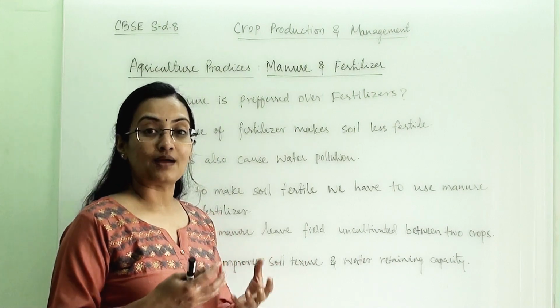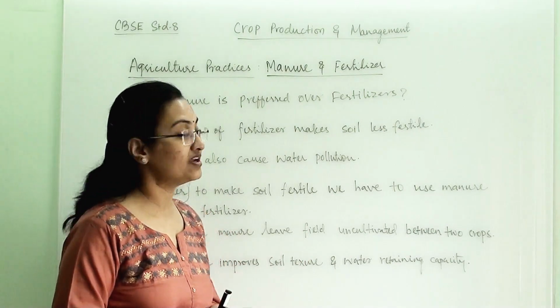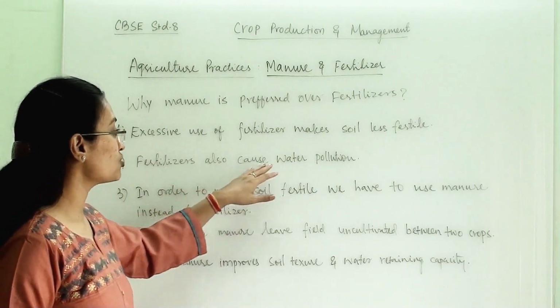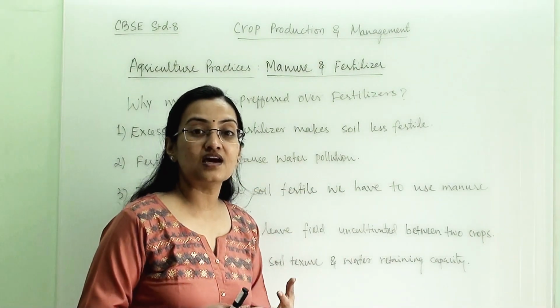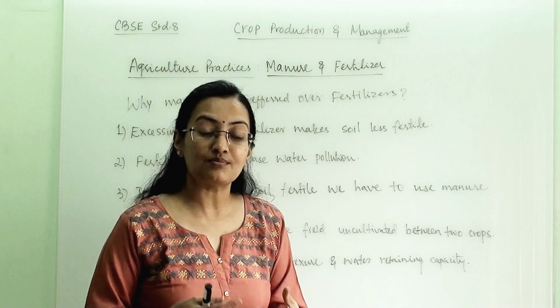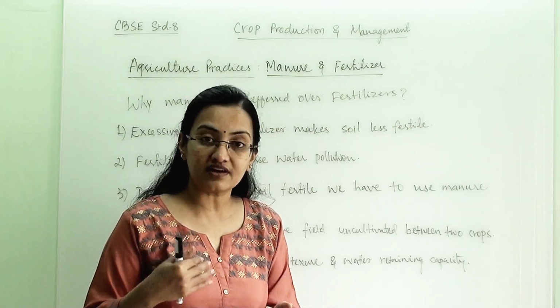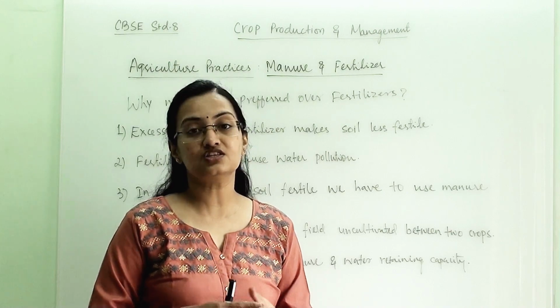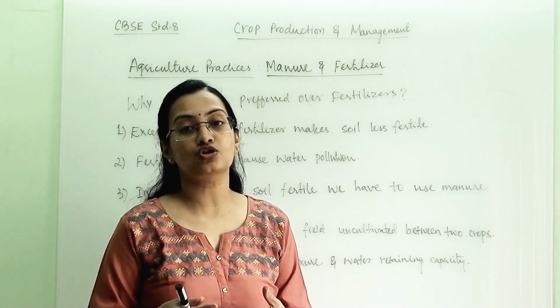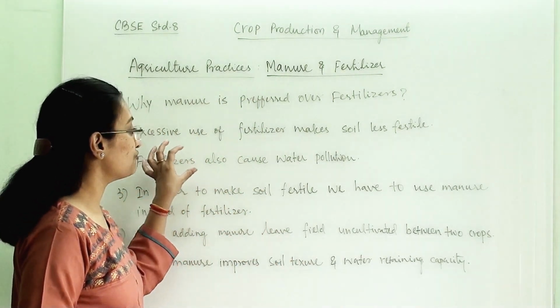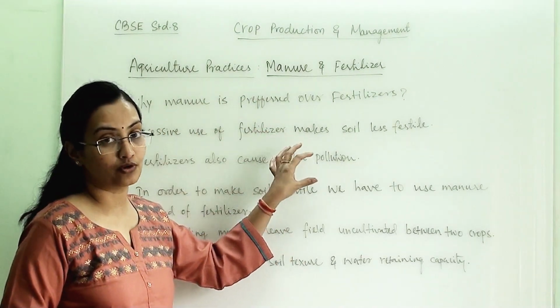Continuous use of chemical compounds will make soil less fertile. Second, fertilizers also cause water pollution. Once we continuously use this chemical substance, eventually along with the rainwater it will go to the reservoir and mix with the reservoir water, and this is why fertilizer causes water pollution.